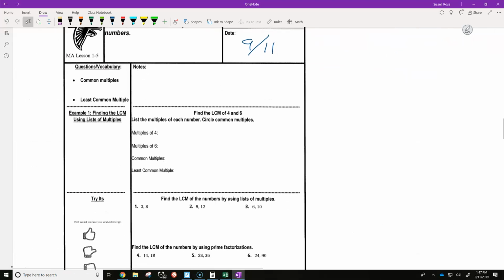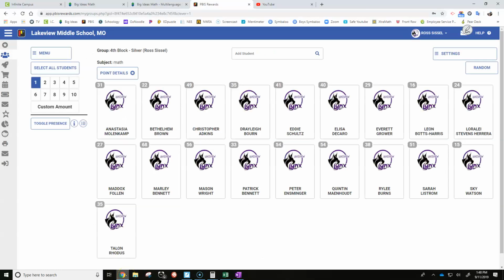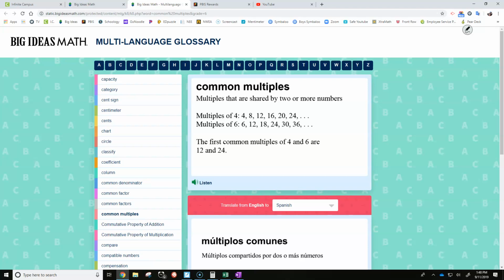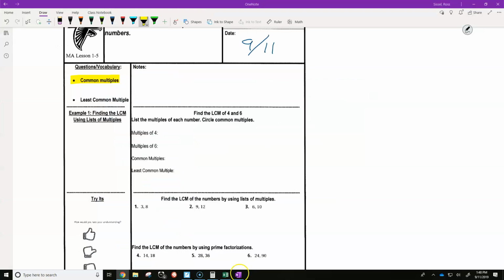Now, we already identified multiples as the product of a given number and any other number. When we look at common multiples, I'm looking at my big ideas and I click on that vocabulary word and it tells me common multiples are multiples that are shared by two or more numbers.